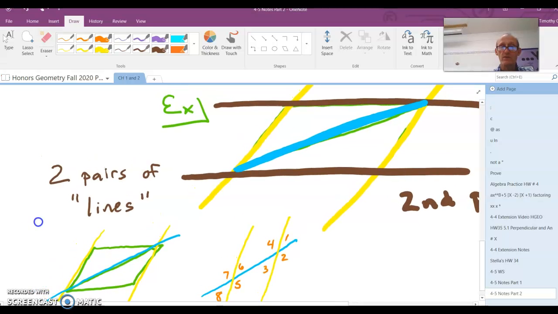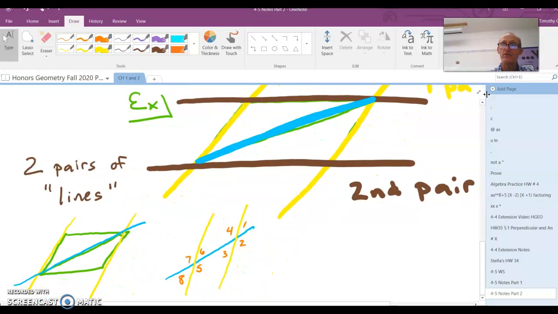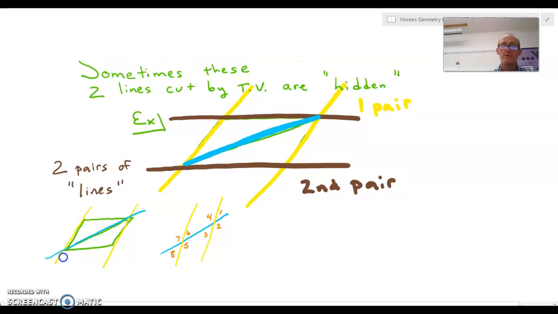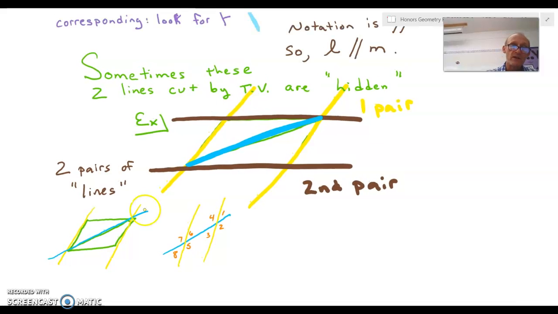They're up here in this diagram, but they're also right here. This is 1, this angle here is 4, this angle here is 3, and this angle here is 2.